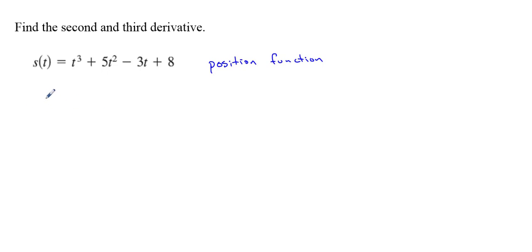Let's find s prime of t. What would that be? Okay. The derivative of position is actually velocity.